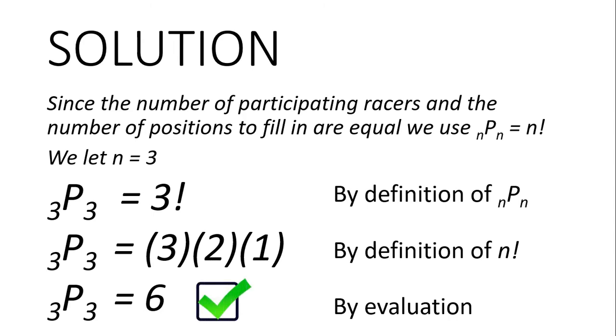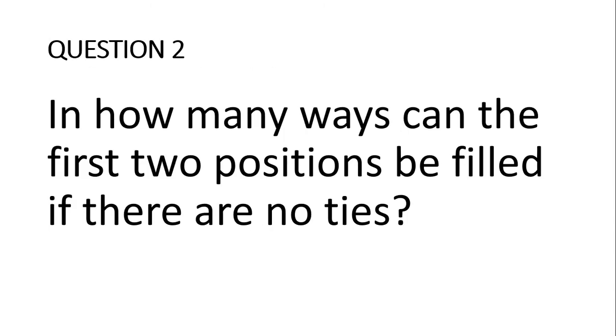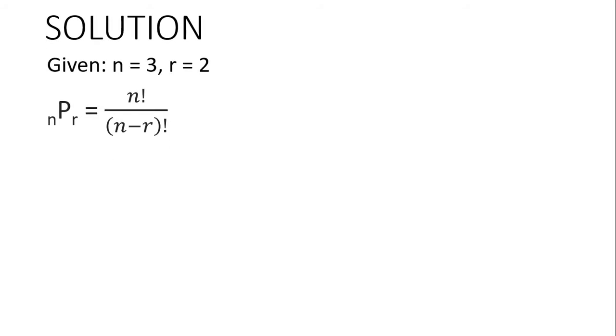For question number 2, in how many ways can the first two positions be filled if there are no ties? Since there are 3 participating racers, we let n be equal to 3 and r be equal to 2, since there are only 2 positions to fill or 2 winners to announce.